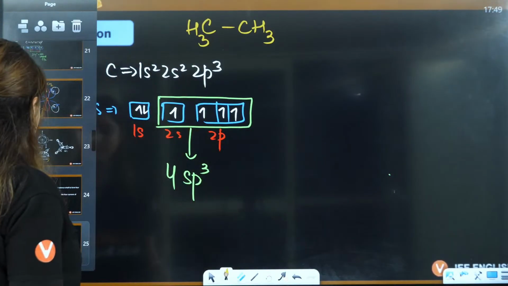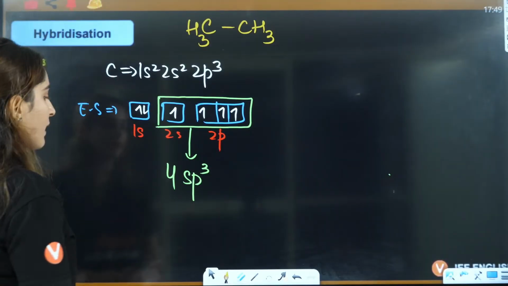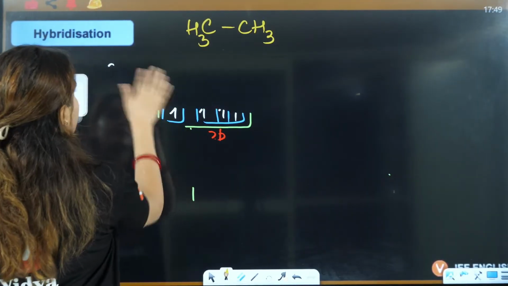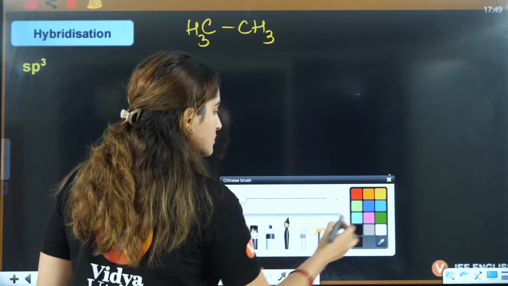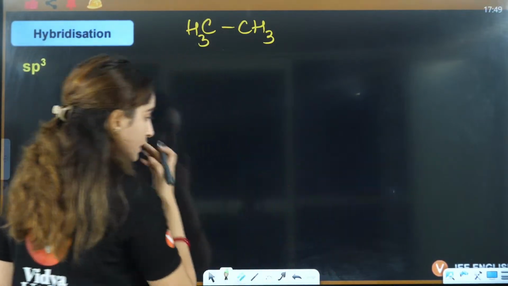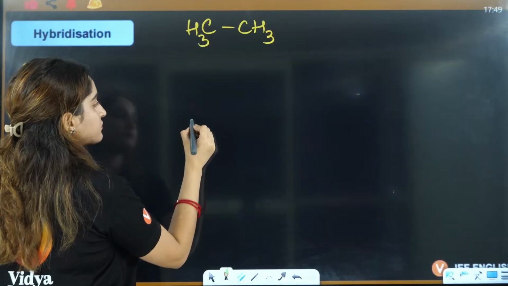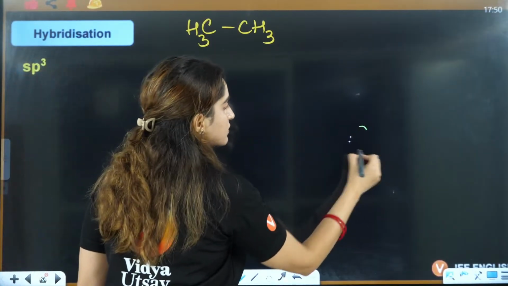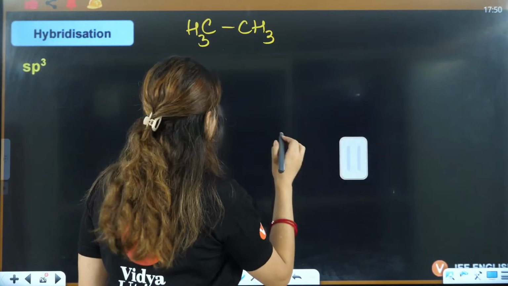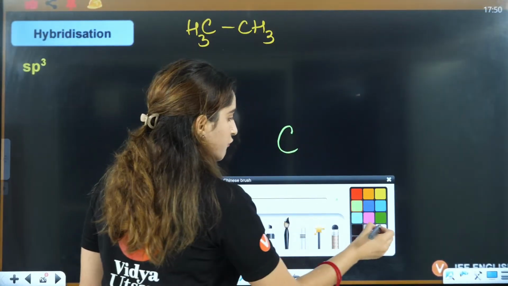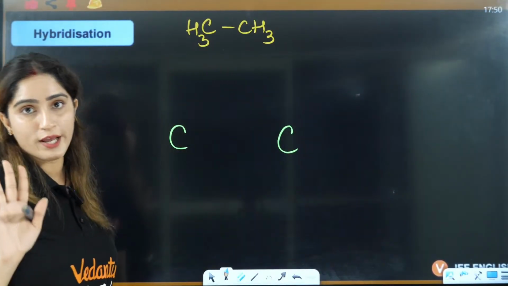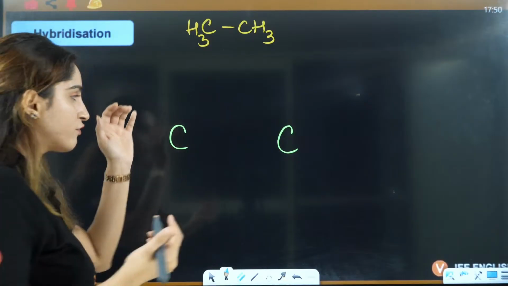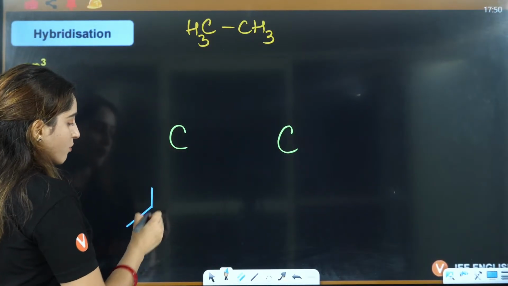Now let's understand this thing by making the structure. So when you make the structure here, this is carbon. Firstly, it is going to form 4 sp3 orbitals which are in the tetrahedral form, and we write tetrahedral form like this.